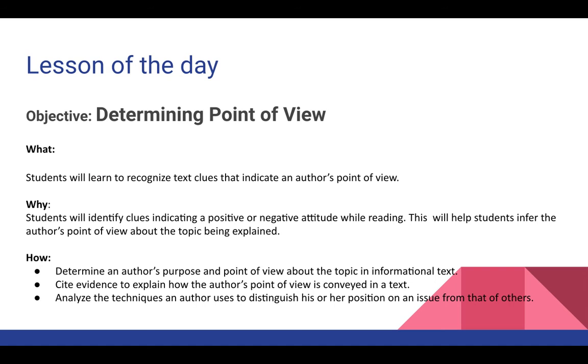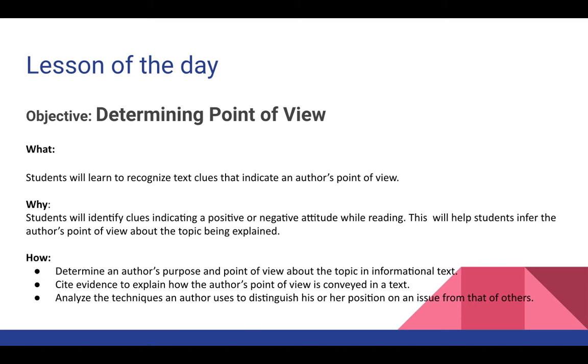Lesson of the day. Our objective today is determining point of view. So let's talk about the what. What are we actually doing? We will learn to recognize text clues that indicate an author's point of view. The why. We will identify clues indicating a positive or negative attitude while reading. This will help us infer the author's point of view about the topic being explained.